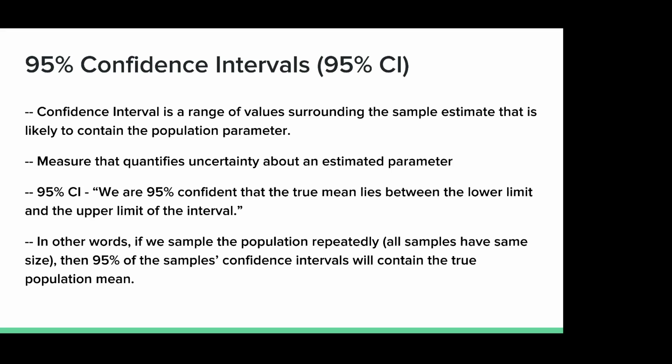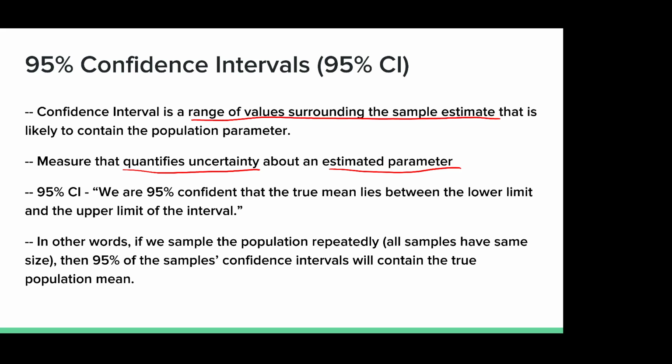What it is is a range of values surrounding the sample estimate that are likely to contain that population parameter. Very similar to what we got from that range of the standard error of the mean just on the previous slide. It's a measure that quantifies uncertainty about an estimated parameter. So it provides information about how uncertain you are of a parameter.